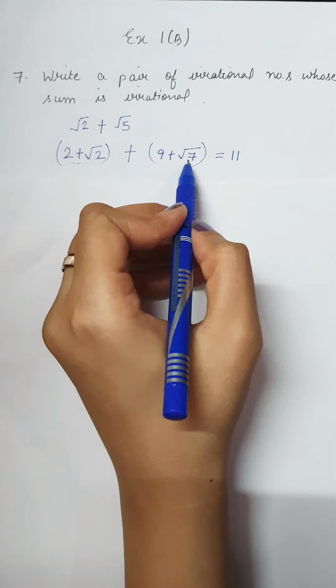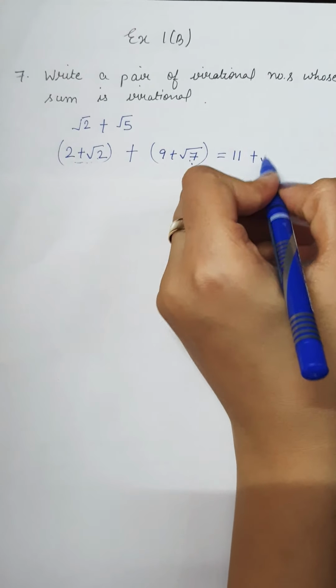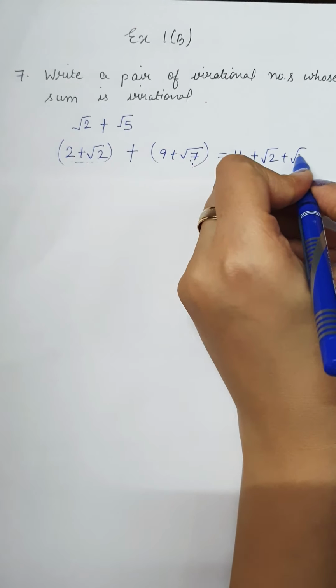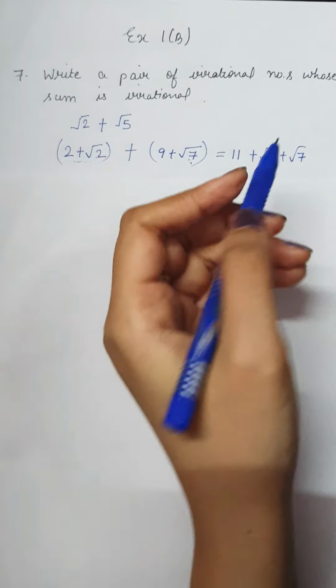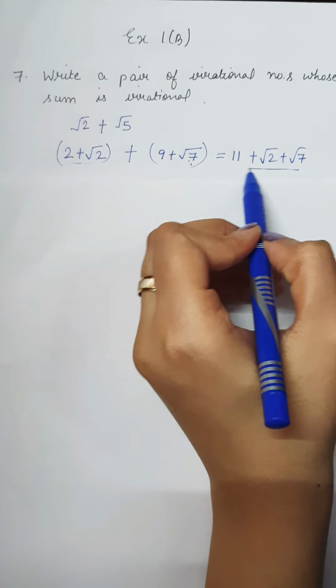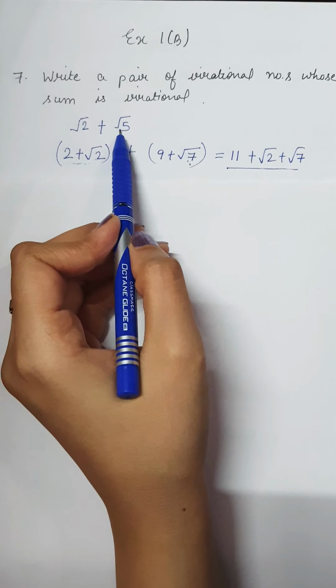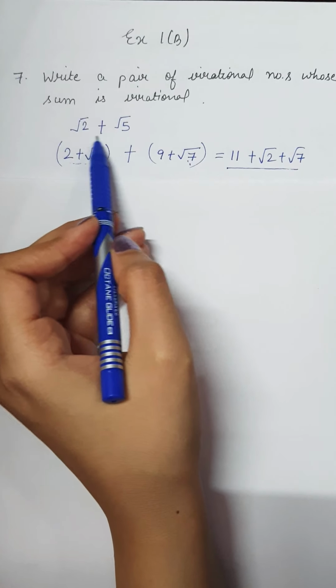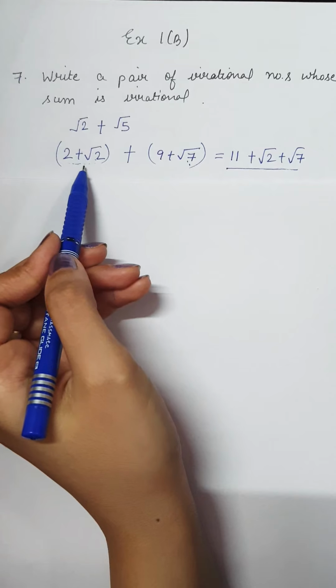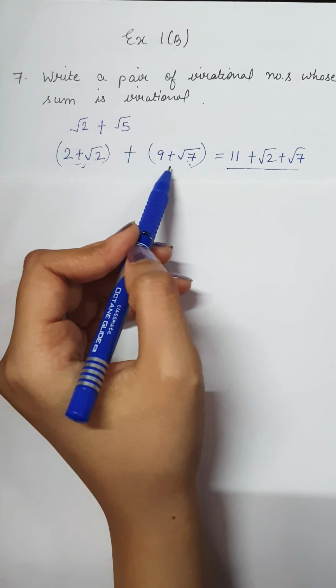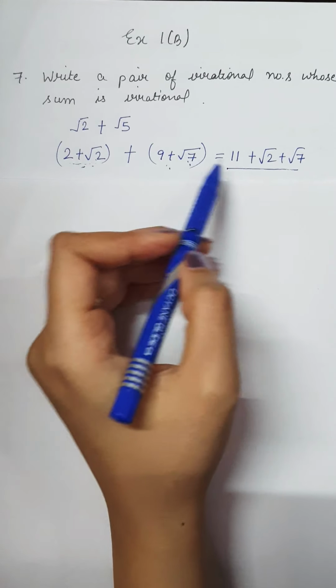And like I said, these I cannot add, so I have to write them separately. So again, in this case, the answer is irrational. So either you write the simplest irrational numbers, while adding them you are getting irrational, or if you want to add a proper irrational expression, you can add them.